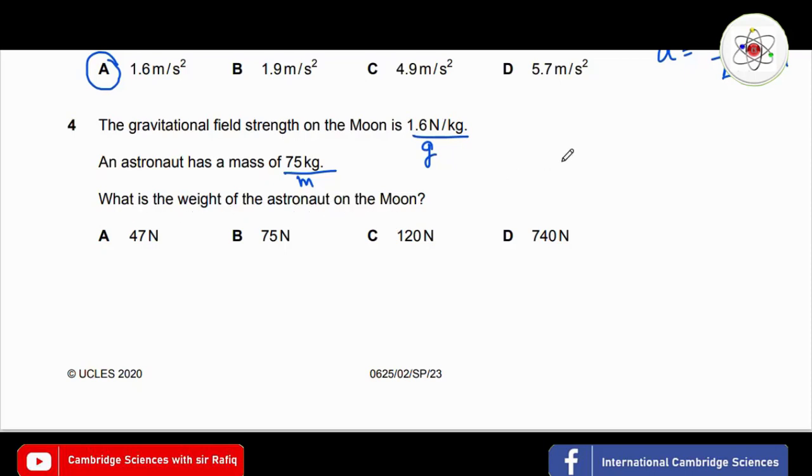As we know, weight is the product of mass and the gravitational field strength. So mass is 75 multiplied by 1.6. The weight of the astronaut on the moon will be 120 Newton. So the answer is C. Right? Moving on to the next question.